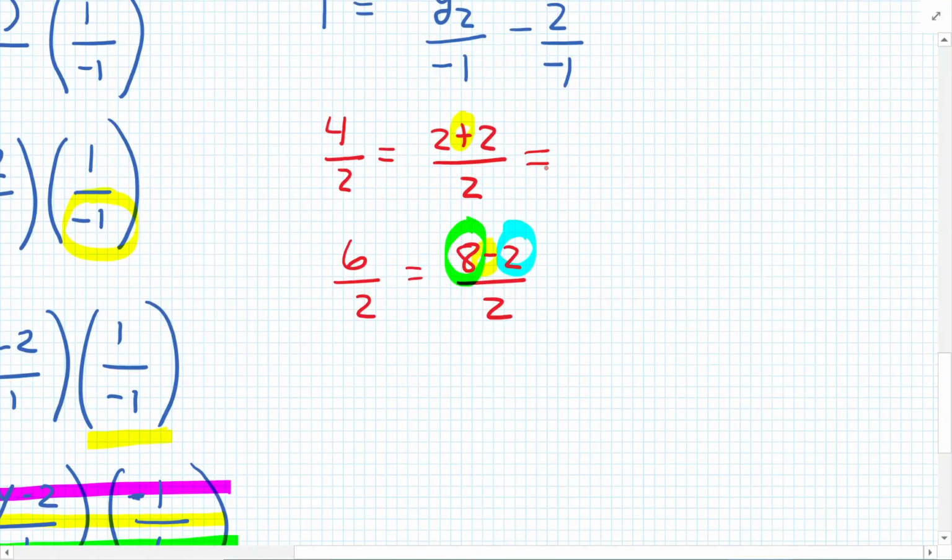With this problem, 2 plus 2 over 2, we have 2 over 2 plus 2 over 2, which equals 1 plus 1, which equals 2.